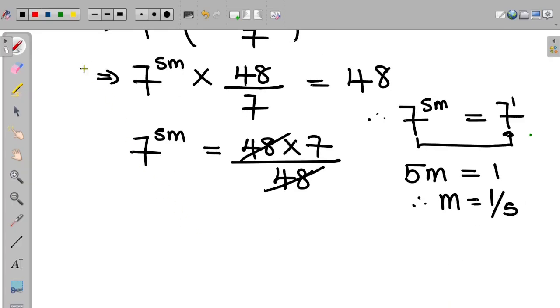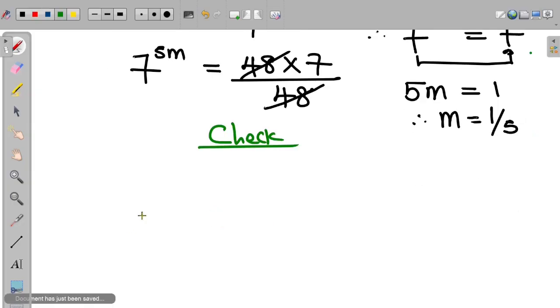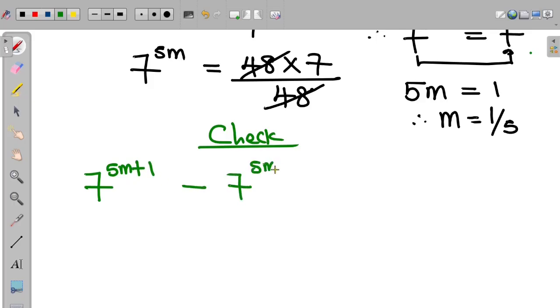So at this point, we can check if our solution is correct. So the question is 7 to the power of 5m plus 1 minus 7 to the power of 5m minus 1 equal to 48. Now, the value of m is 1 divided by 5.